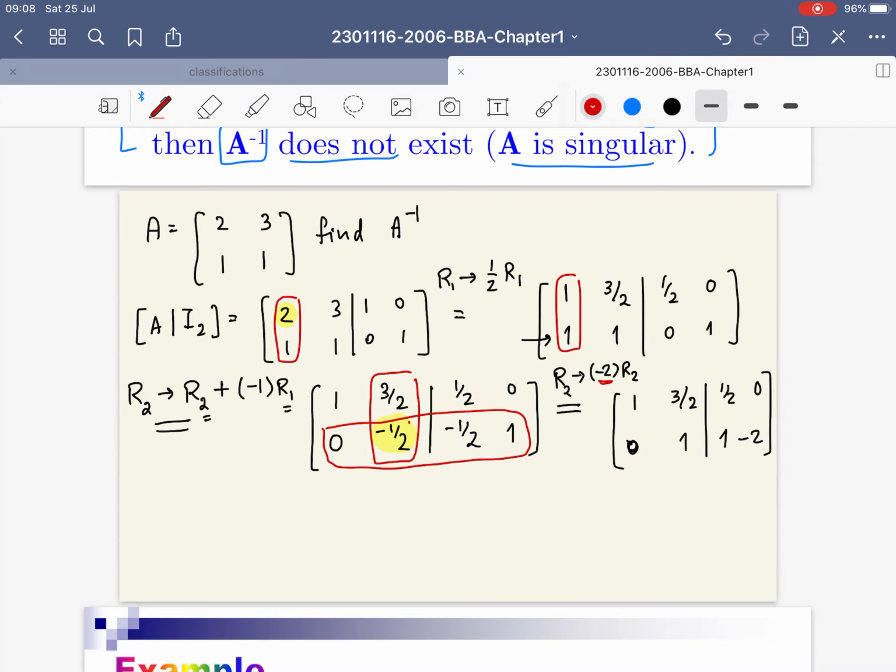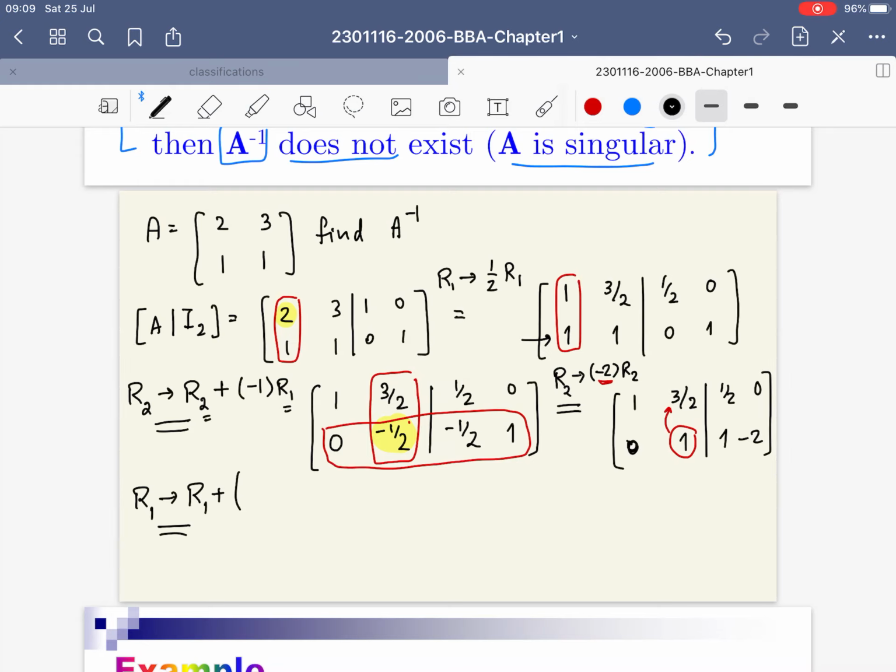Right now, after you got 1 here, then you need to get rid of the rest over there, right? So what is it that we do to get rid of the one above? Here your R1 is changed, and it changes by using the R2 alone.